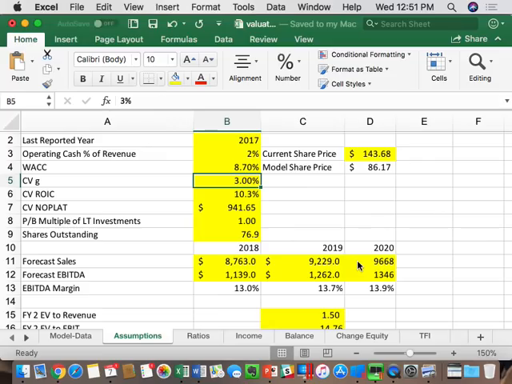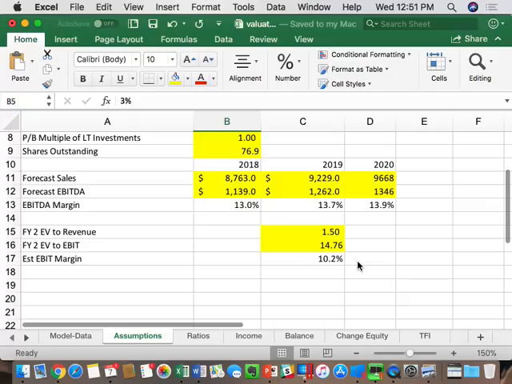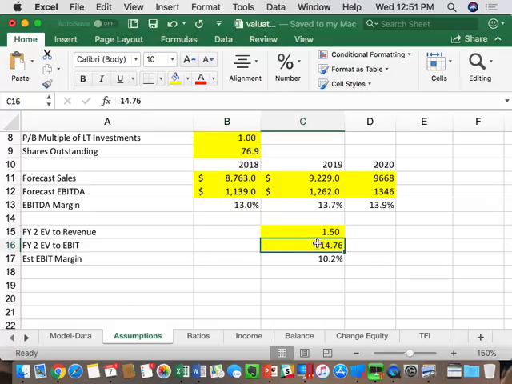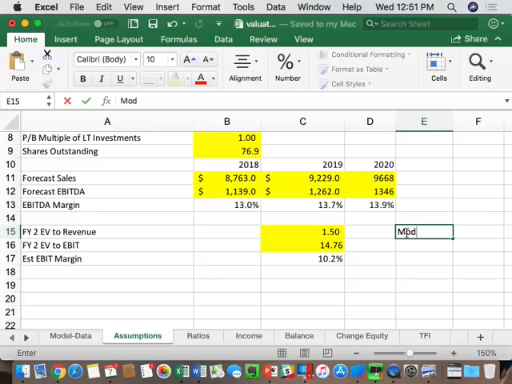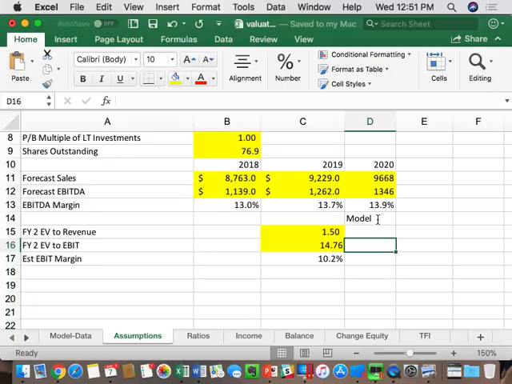So let's go back. What do we need? So in our model, this is the number that we observe in the real world, and this is the model. This is going to be our model EV to EBIT.